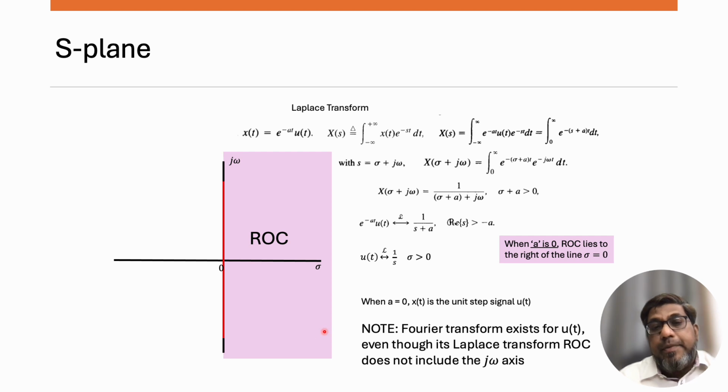Therefore there can be certain signals for which the region of convergence does not include the j omega axis, but its Fourier transform still exists, as in this particular case. So even though the region of convergence for the Laplace transform of the unit step function is the entire region to the right of the j omega axis, but not including the j omega axis, the Fourier transform of the unit step function exists.